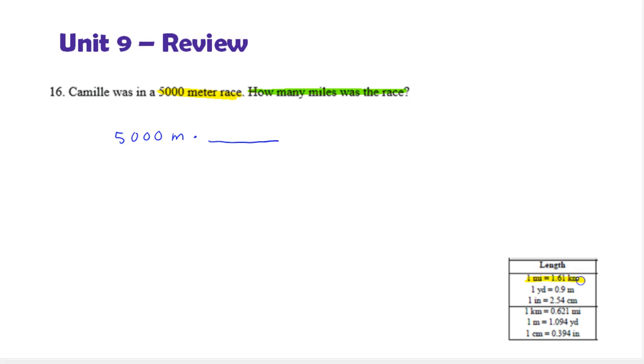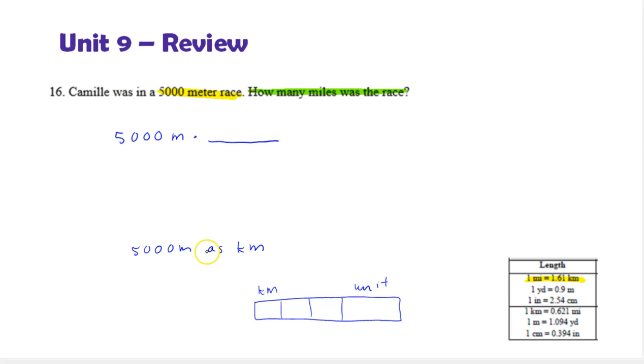So I have 5,000 meters. Let's rewrite that as kilometers. Now in our metric chart, I'm just going to toss one up here. We had our base unit, and kilometers was 3 units away. A kilometer is 1,000 times as large as the base unit.